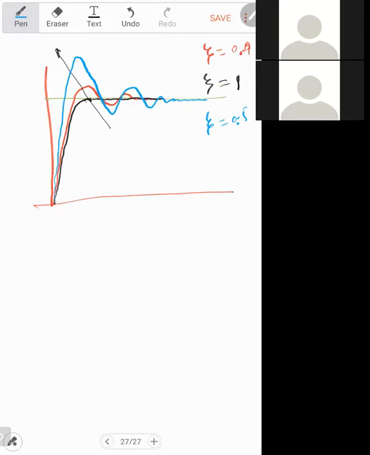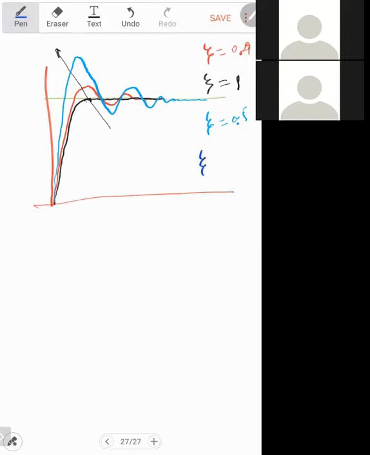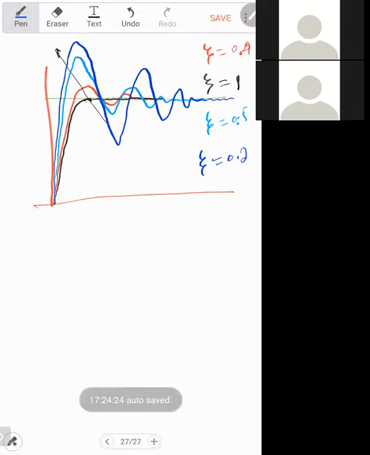If zeta becomes 0.1, or let's make it 0.2, what will happen? Further it will increase. So this will become like this. So you see later on it will become like this.